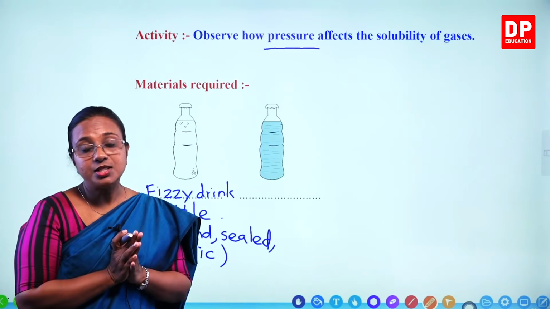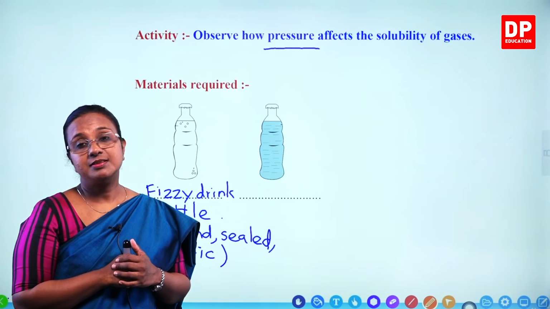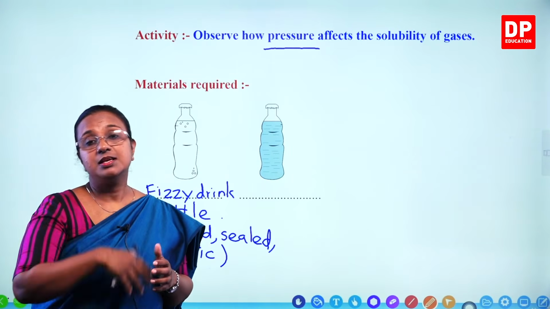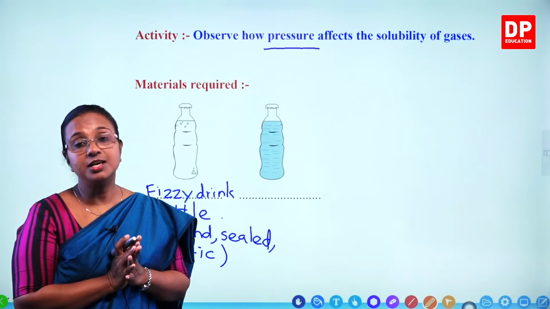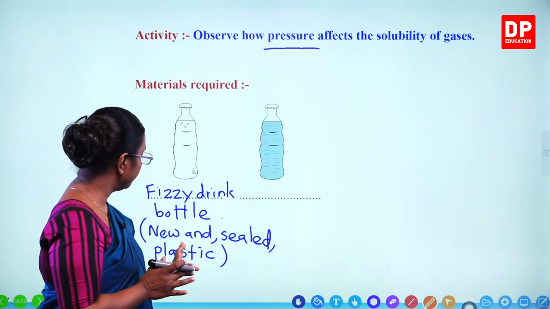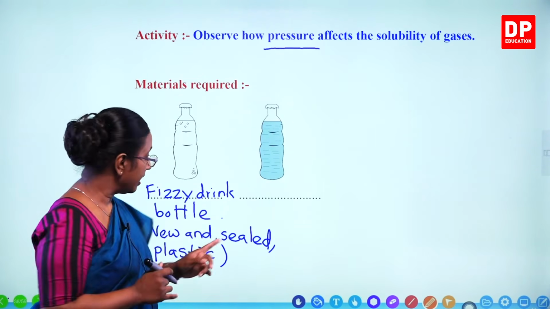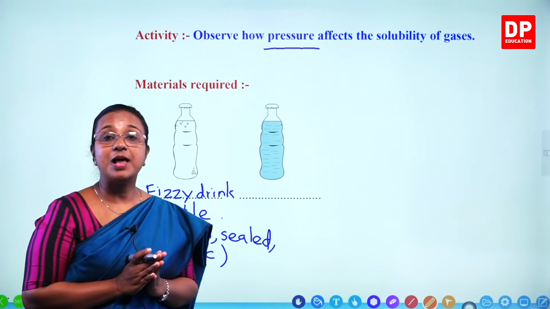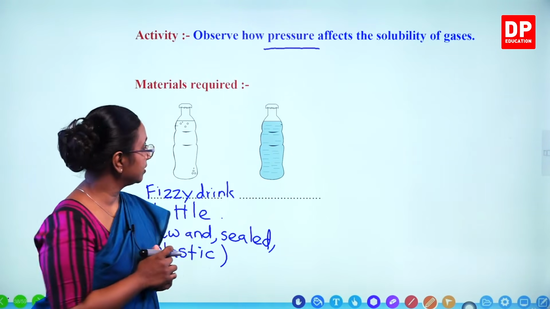You might have seen the observation when you open the lid of a fizzy drink bottle, sometimes the gas flows out. The drink itself flows out because of the fizziness. So we make sure that it is new because it should have all the gas in it, and also it has to be a plastic bottle so that we can try squeezing the bottles.